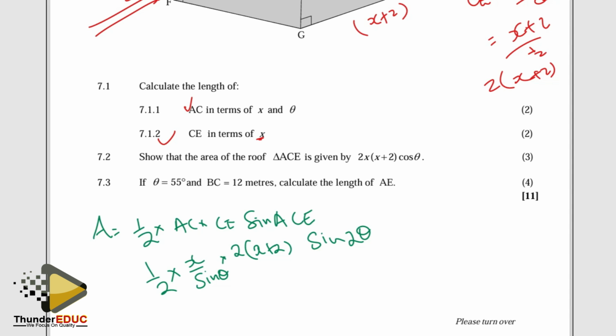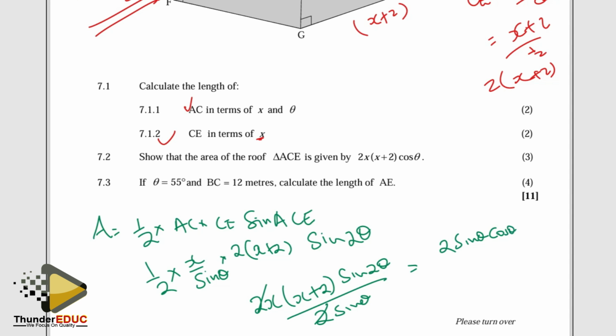Simplify the top part. That's going to be twice x into x plus 2. This is sine twice theta over 2 sine theta. So this cancels that. I can expand that. It's 2 sine theta cos theta.